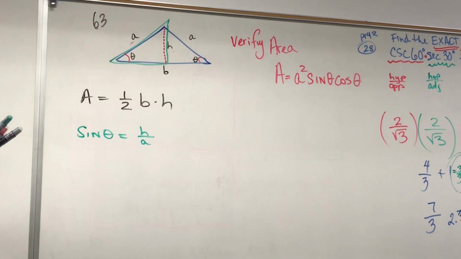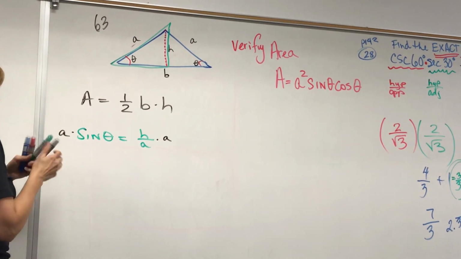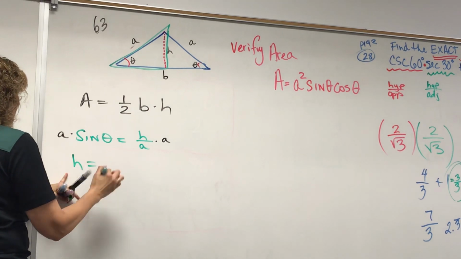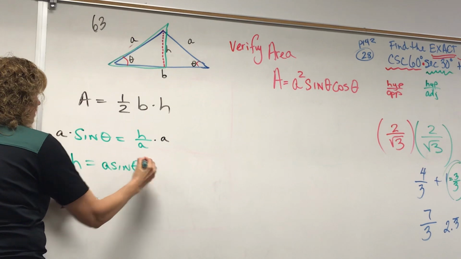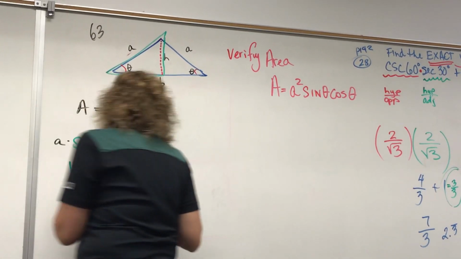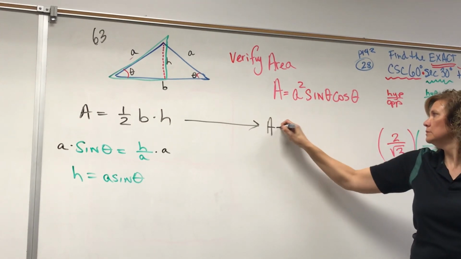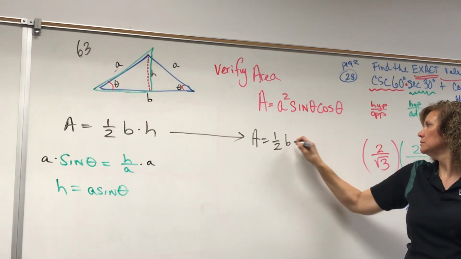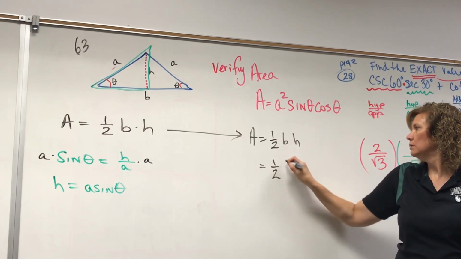You've probably done this a few times. We can multiply both sides by a. And if you don't mind me flip-flopping sides, h is a sine theta. Let me just write this.